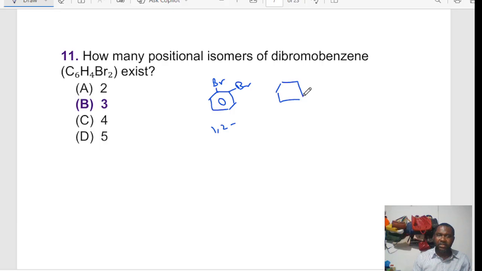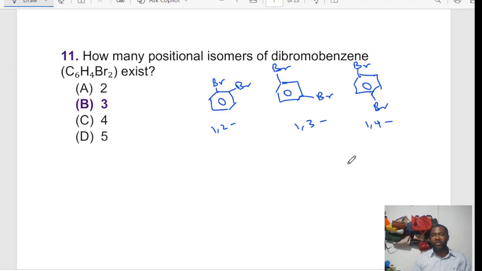I can put the bromine here, then put the second bromine here. This one is 1,3-dibromo, at position 1 and position 3. Then we can have something like this. Bromine here, and bromine here. This is going to be 1, 2, 3, 4. So 1,4-dibromobenzene. Well, I don't think there is any other isomer.